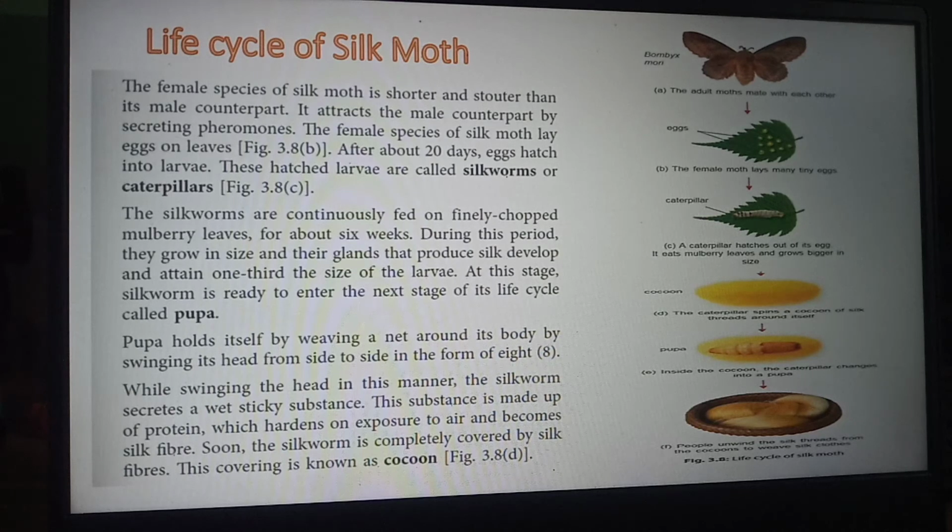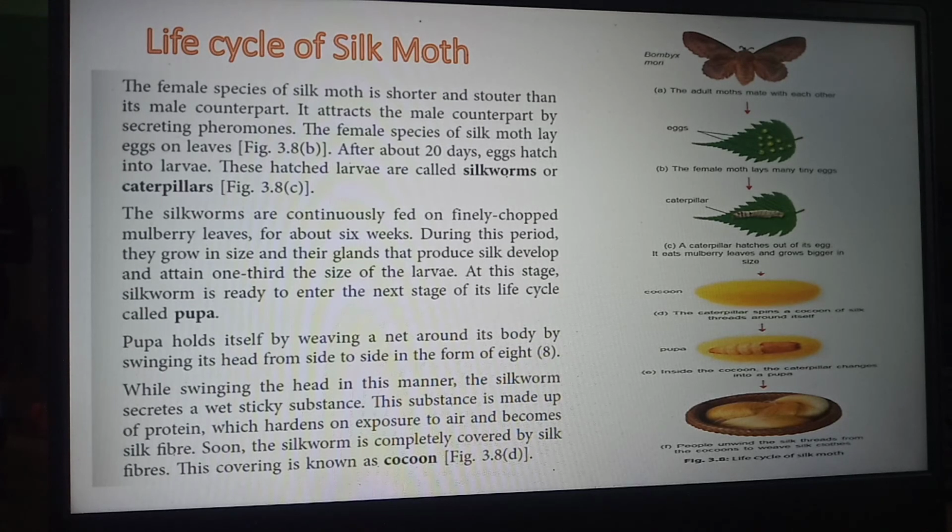So this was the larva stage. अभी larva stage चल रहा था, जबकि वो लोग mulberry leaves को feed कर रहे थे. उसके बाद they are growing in size. Their glands that produce silk also develop, and have attained 1/3 the size of the larva. At this stage, it is about to enter the next stage. अब ये next stage के लिए ready हो रहा है.